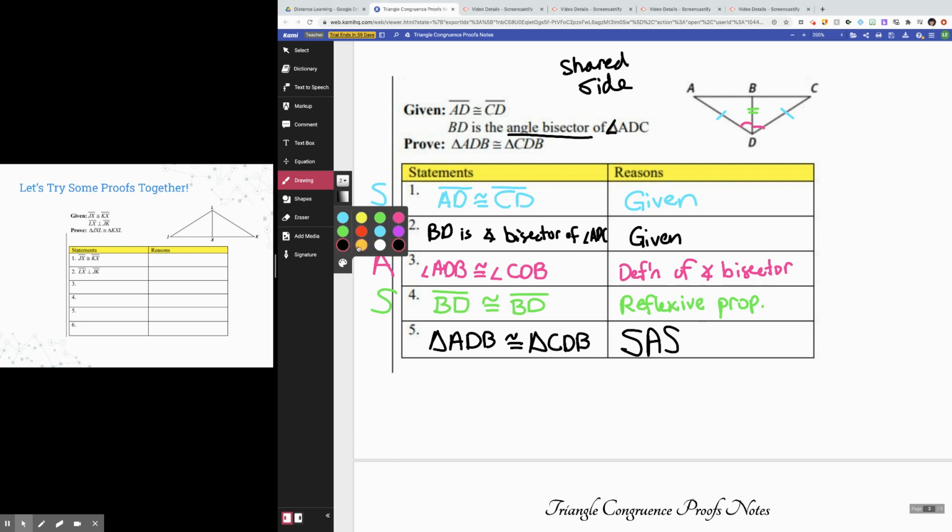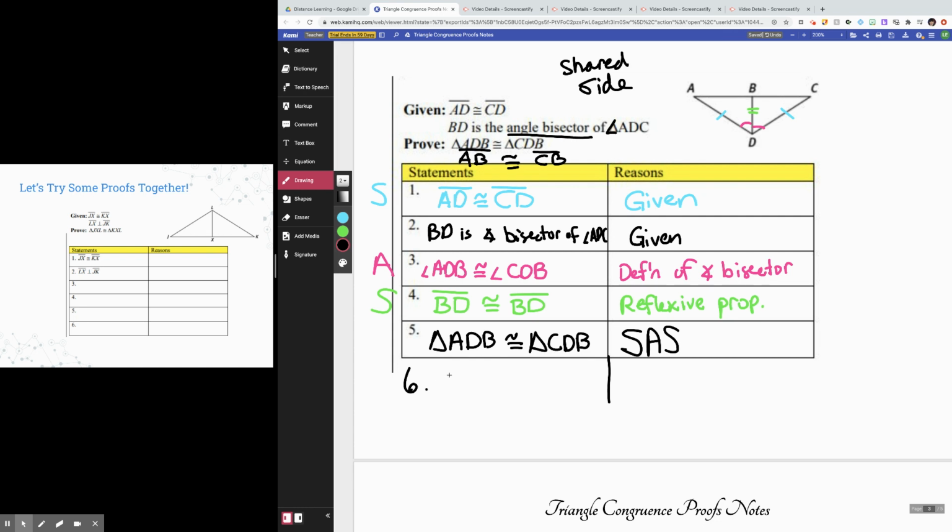Now, if, for example, this prove statement had actually said, now please show that side AB is congruent to side CB, for example. Once I know the triangles are congruent, I can say all of the corresponding parts are congruent as well.